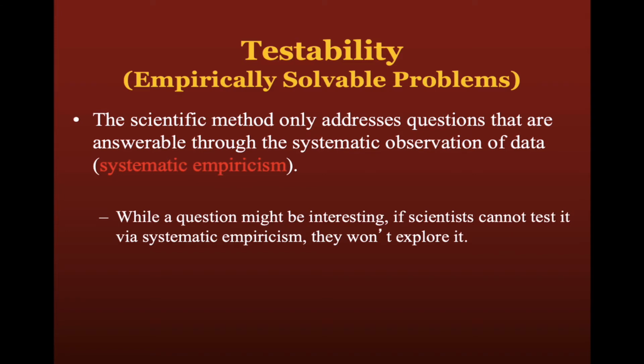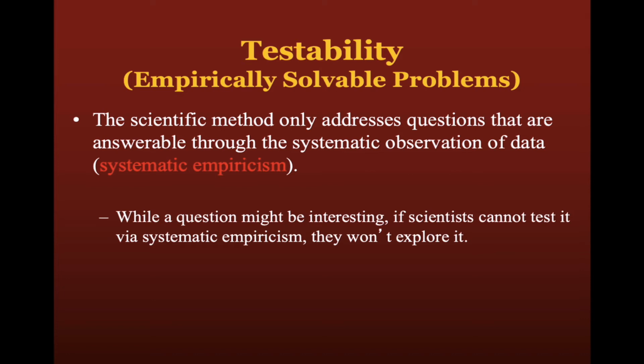And then the last one is testability, right? Make sure that we have questions that we can solve empirically, so things that we can observe. The scientific method only tries to answer questions that you can observe and provide evidence for through systematic observation, right?